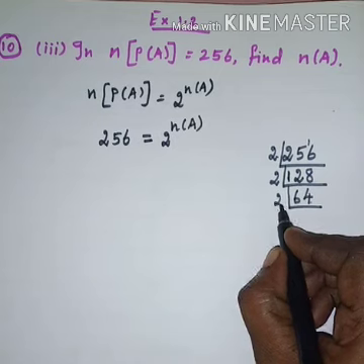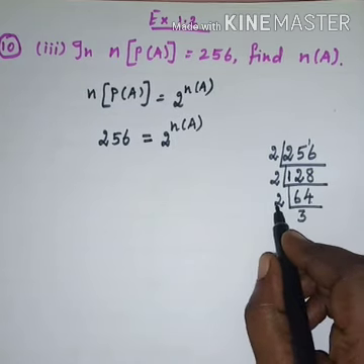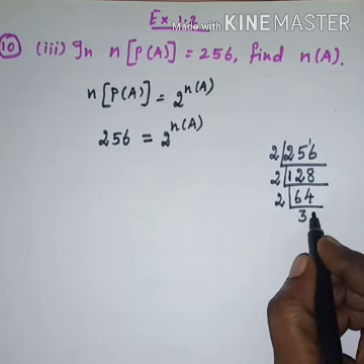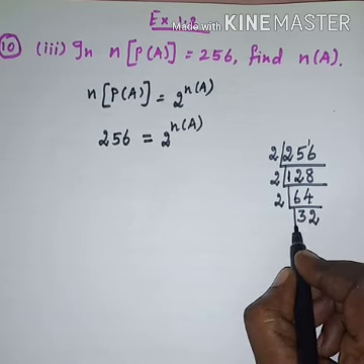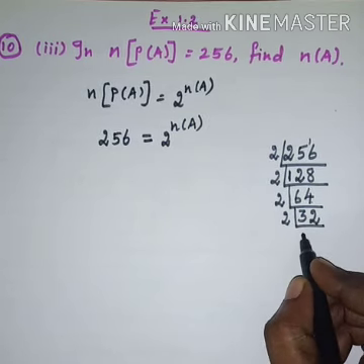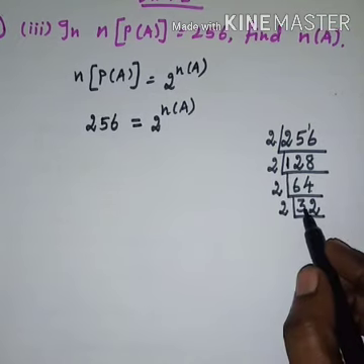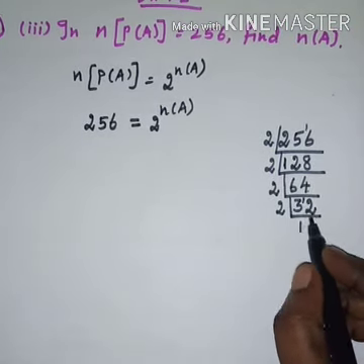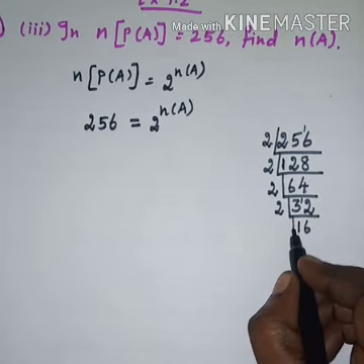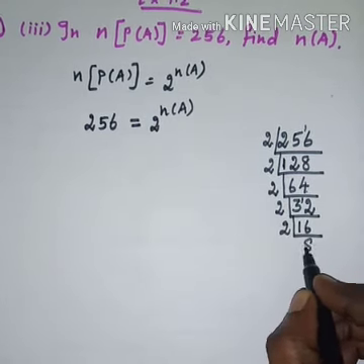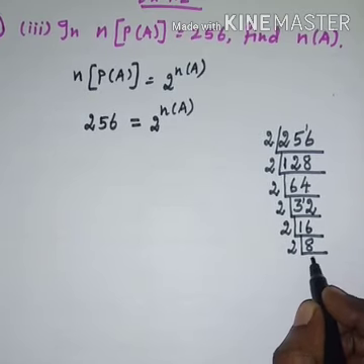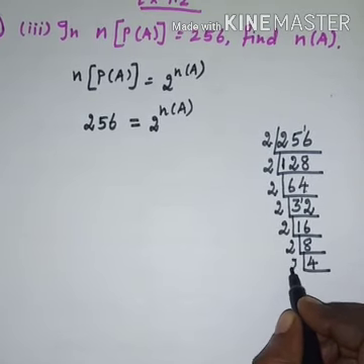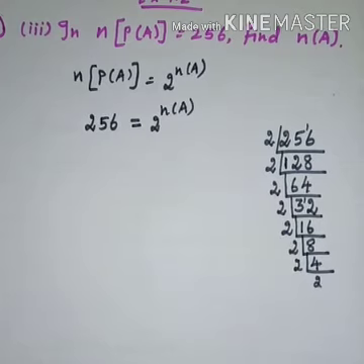And then again 2 table. 3 2s are 6. Next 4 is here. So 2 2s are 4. Again 2 table. Again 3 is there, so 1 times 1 2s are 2, balance 1, so 12 is here, 6 2s are 12. Again 2 table, 8 2s are 16. Again 2 table, 4 2s are 8. Again 2 table, 2 2s are 4.